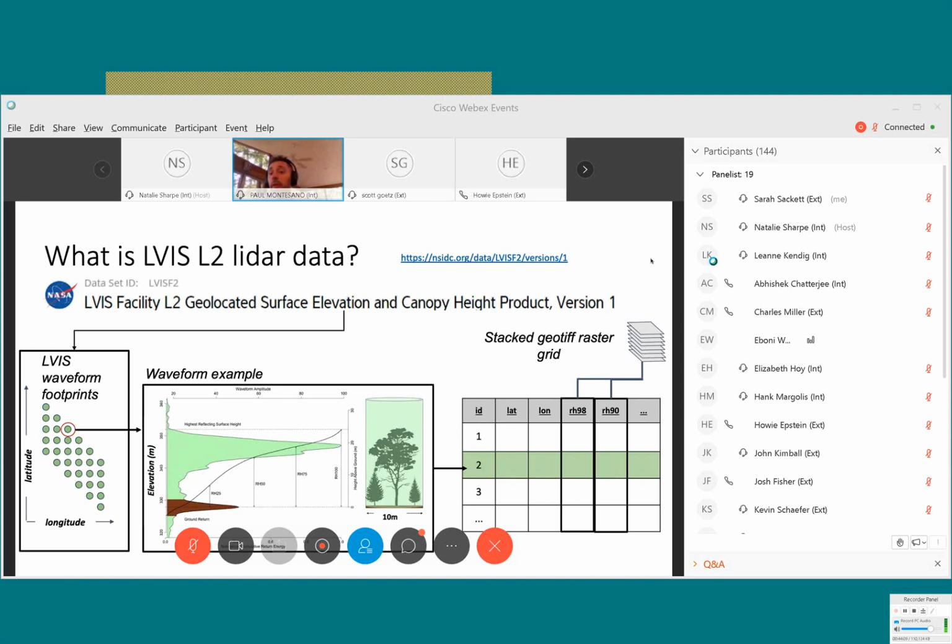There are two versions of these level 2 data, a classic version and a facility version. And basically, from what I understand, we want the facility version of the data. And that's the version of the data that we'll be processing and making available. That's about 10-meter diameter footprints spaced about 10 meters apart. So it has a little bit of a denser sampling and a smaller footprint than the classic. So we'll be making available the facility version. Next slide, please.